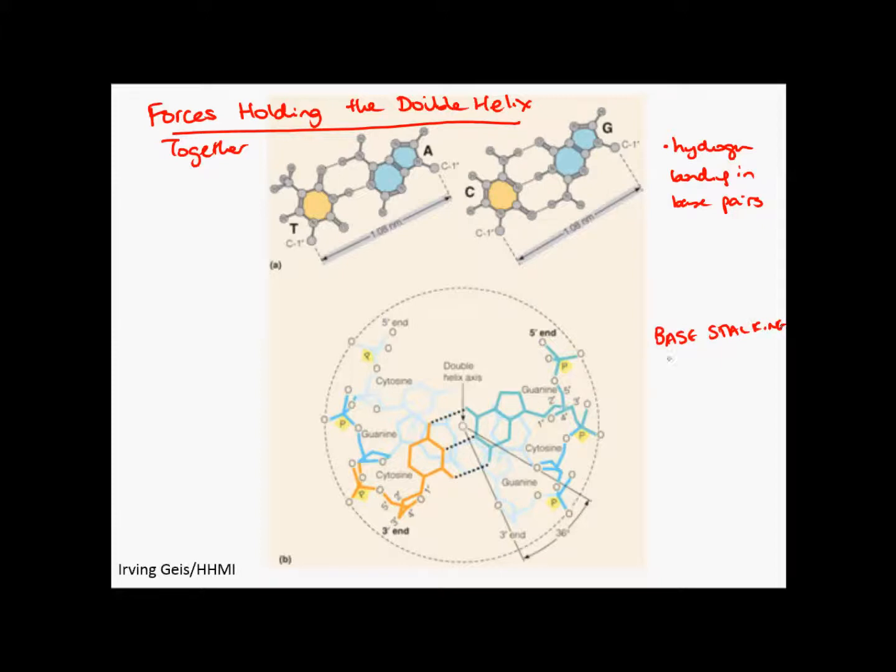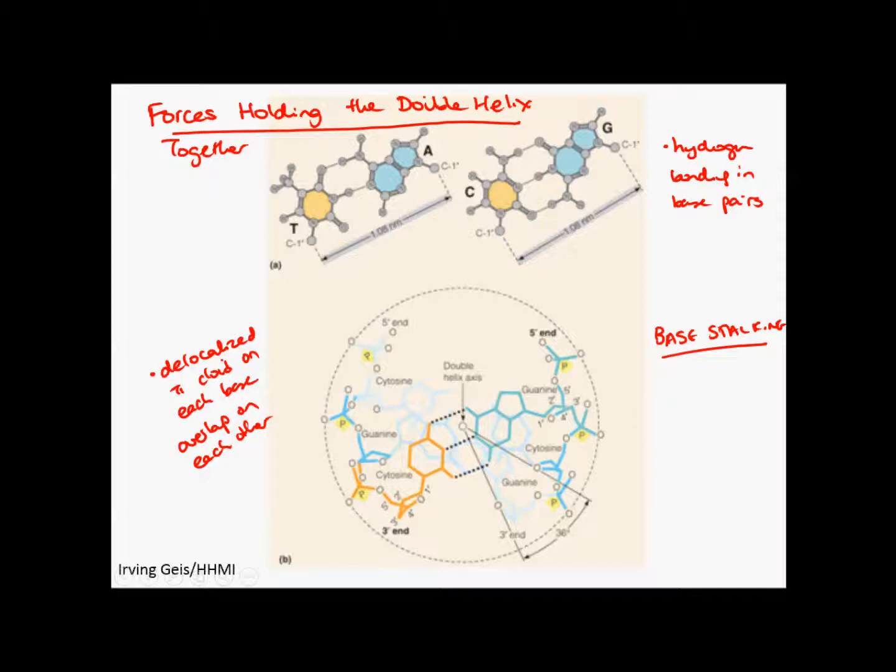What we mean by base stacking is this. If you look here, as you may recall, there's a delocalized pi cloud on each base. And you can see here that on top of each base, the bases overlap on each other.